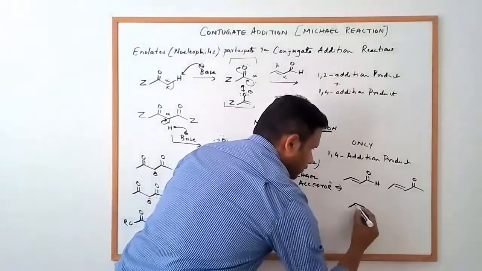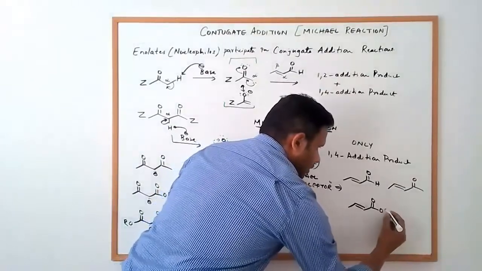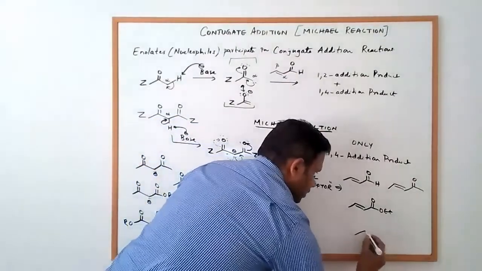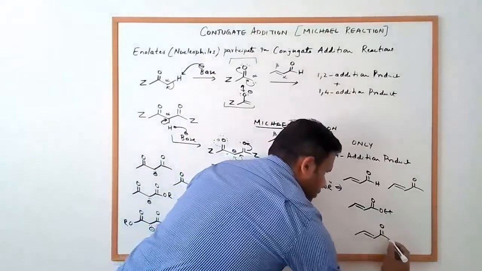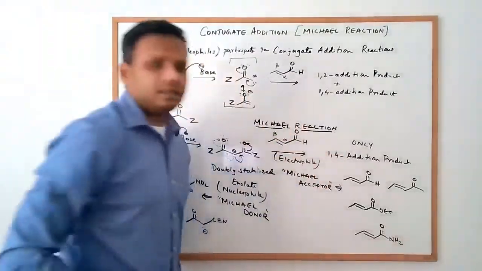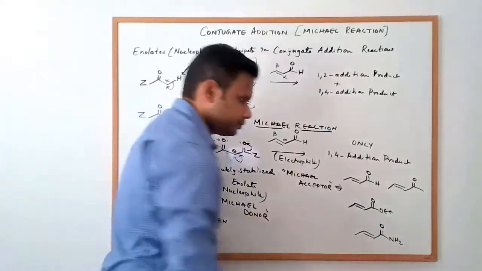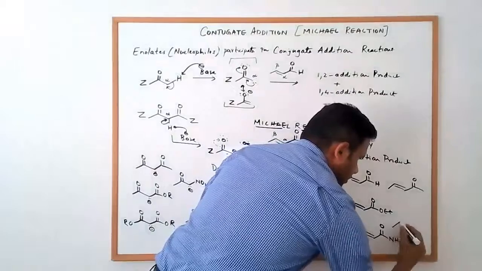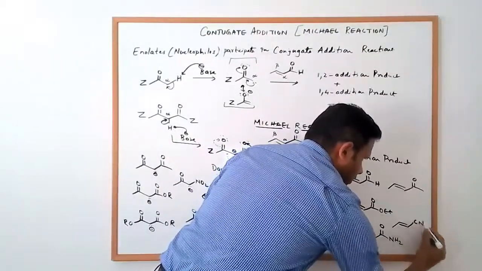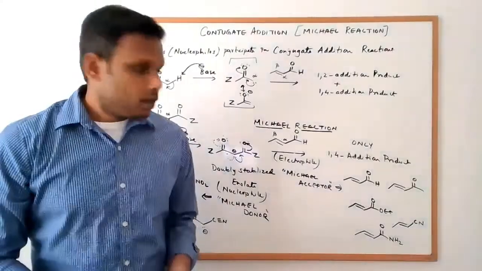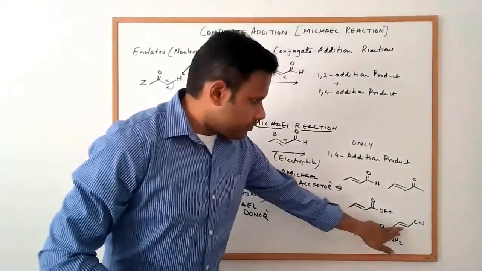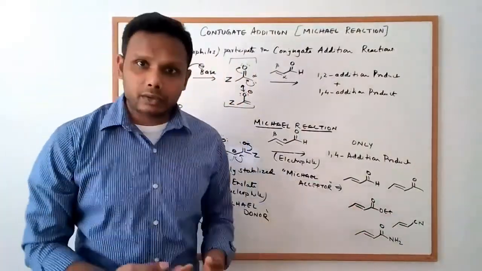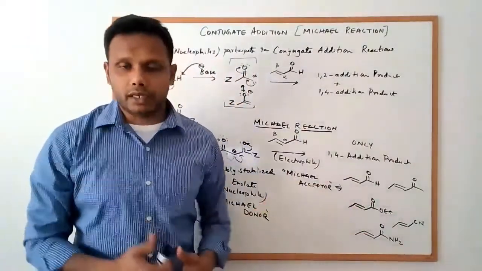We could have alpha beta unsaturated esters as Michael acceptors. We could even have alpha beta unsaturated amides as Michael acceptors. It could be an alpha beta unsaturated nitrile that can be a Michael acceptor. So any situation where you have an alpha beta unsaturation to a functional group would count here. They can all serve as Michael acceptors.